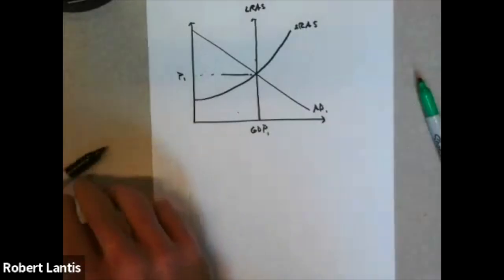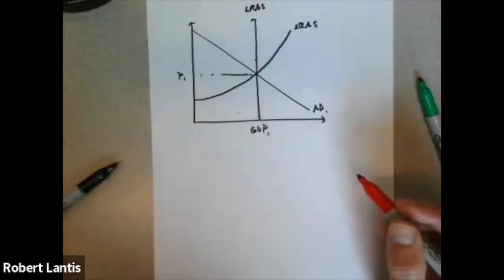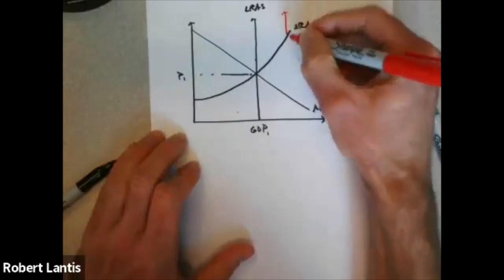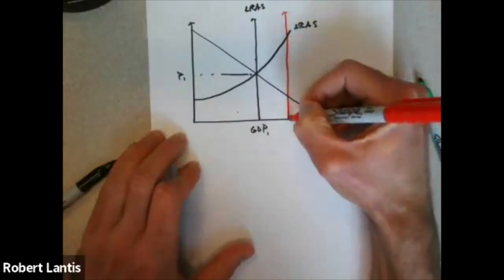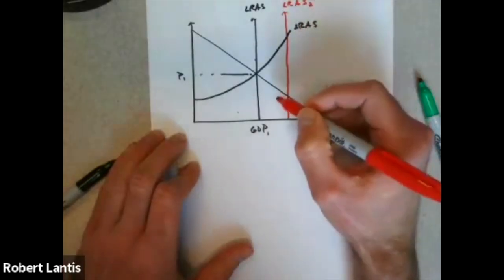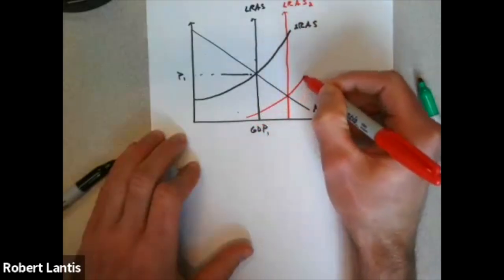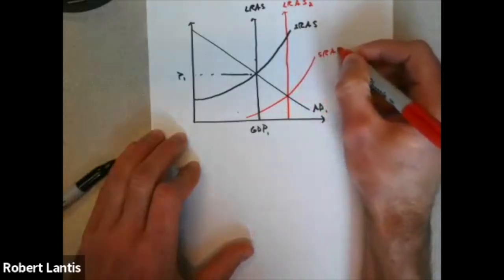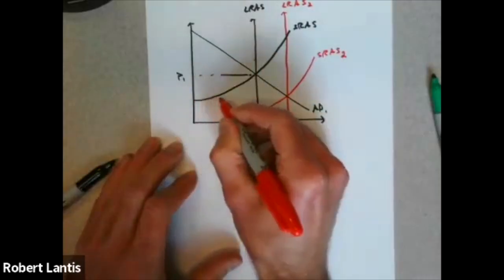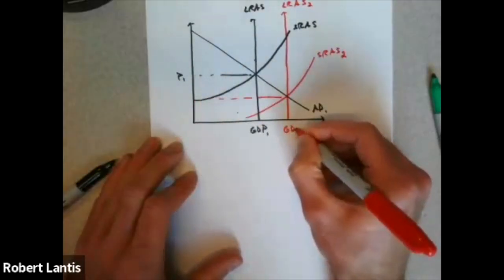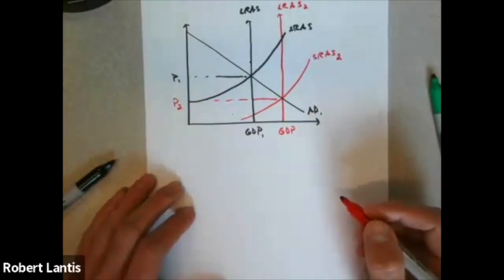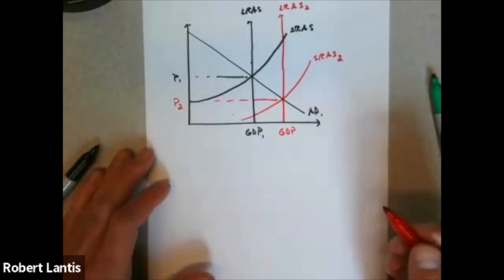So when I see this increase in education, what's going to happen, right? I'm going to see an increase in my long run aggregate supply, right? And at the same time, it's shifting my short run aggregate supply curve. Okay. So where will that new equilibrium point be? At a higher level of GDP and a lower price level. Okay. So this is going to happen both in the short and the long run.